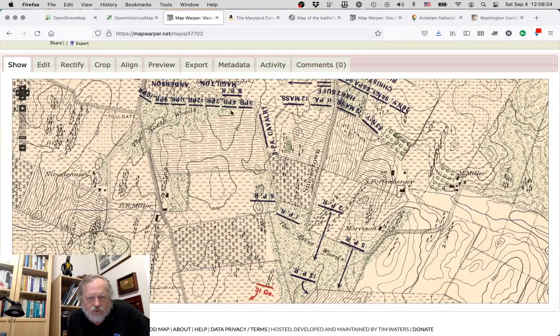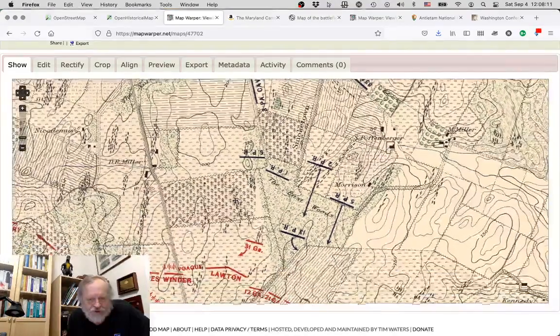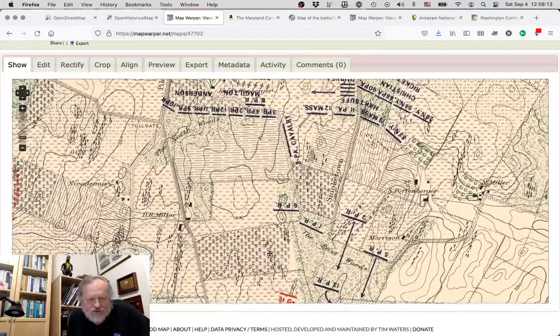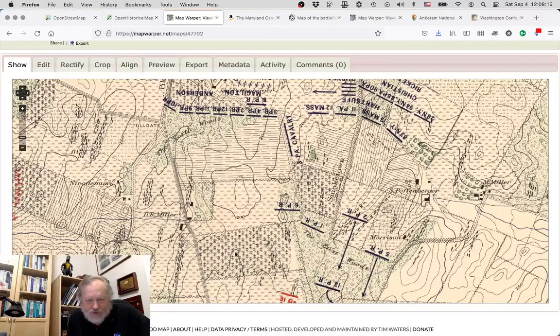You know, here are woods, more woods. Here is a cornfield, and honestly, I need to tell you that while there are many cornfields on the battlefield, this one that the mouse is over right now is the cornfield, for reasons which you would learn from the history of the battle.